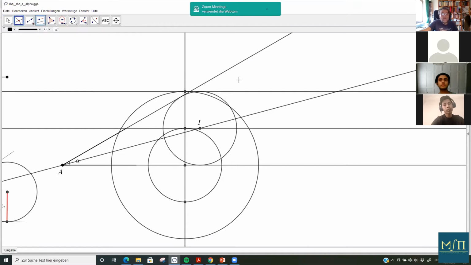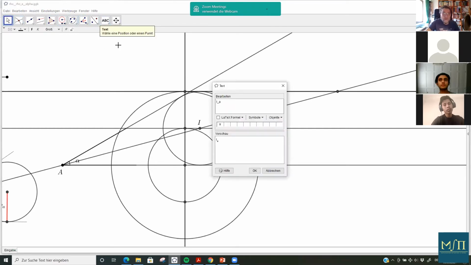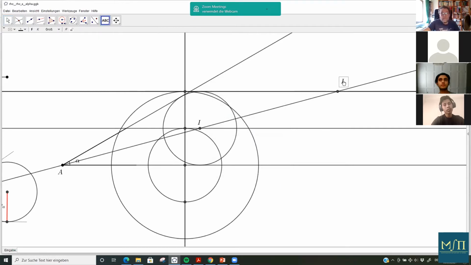We get the point in which they intersect, and that is now going to be the ex-center of the triangle on the side A. So we can call this point here IA. And once again, we can now draw the ex-circle that's implied by this, because we have this same radius and this midpoint. So that is the ex-circle.